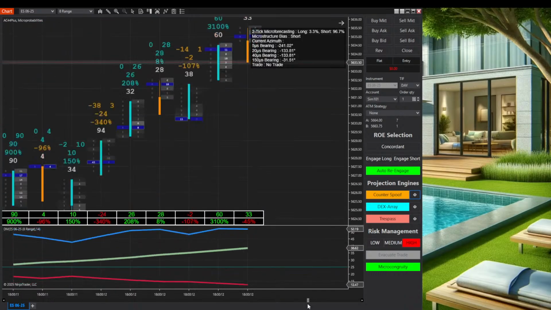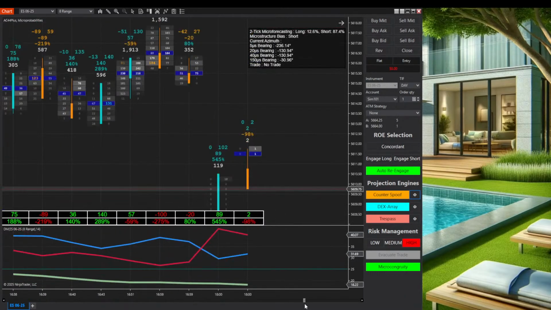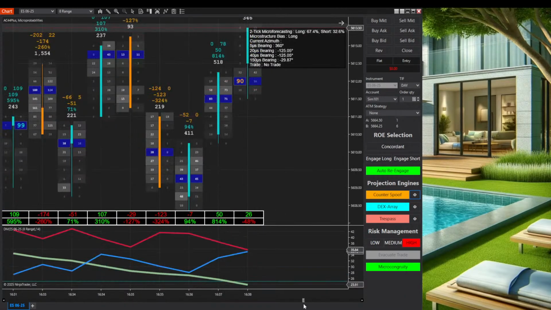So let's find another example. So we have momentum here, the green line, and it's bearish. But you can see the price is bouncing around, right? Going from 56.09 to 56.13. So 56.10, 56.13.